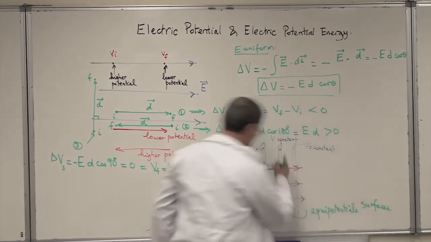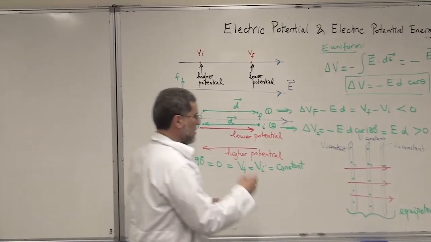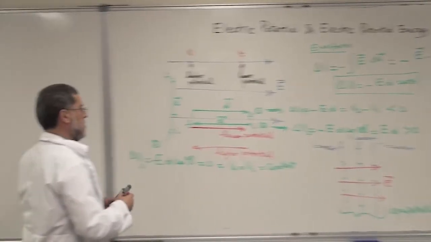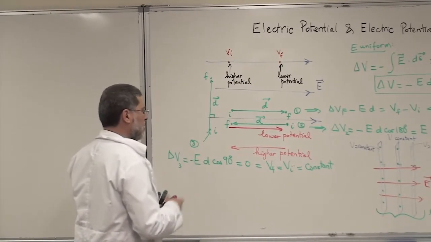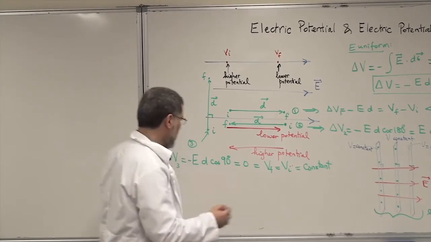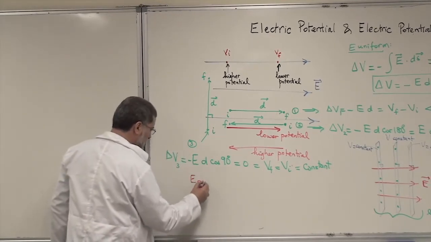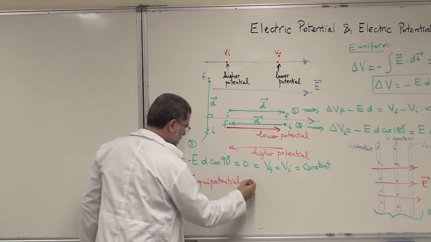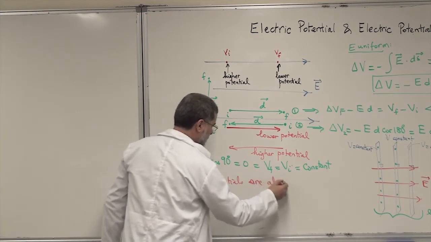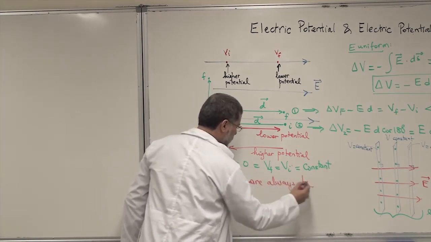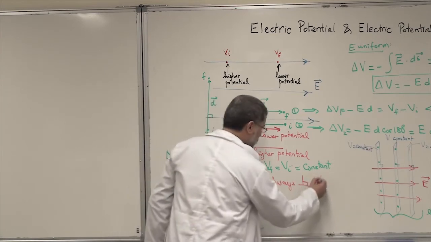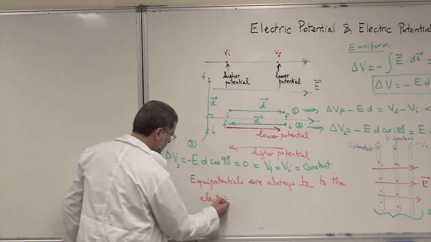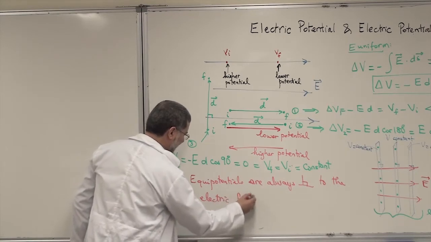For the case where the electric field is, this is the electric field, by the way, the red arrows here represent the electric field lines. So the equipotentials are always perpendicular to the electric field lines.